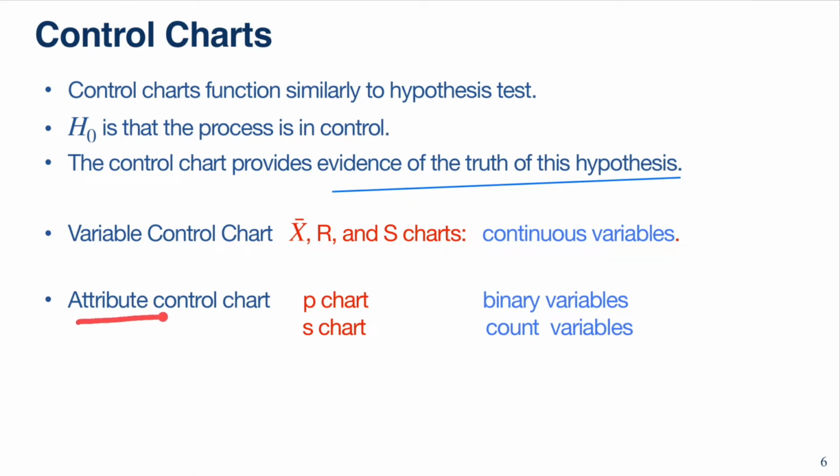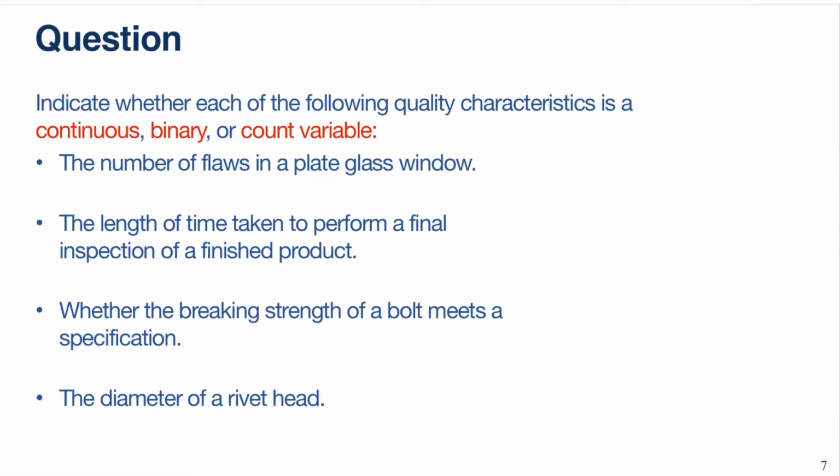If we have an attribute control chart, that will be the P chart for binary variables and the C chart for count variables.